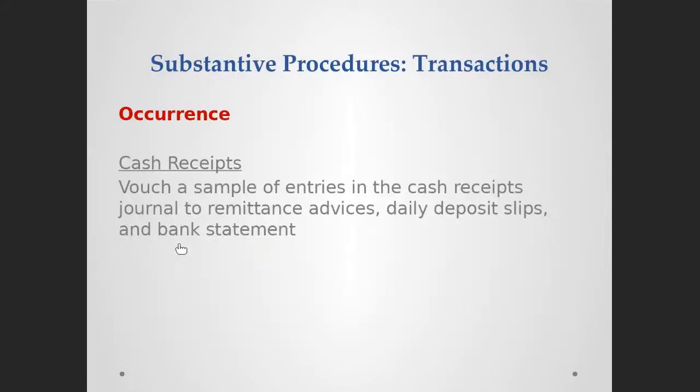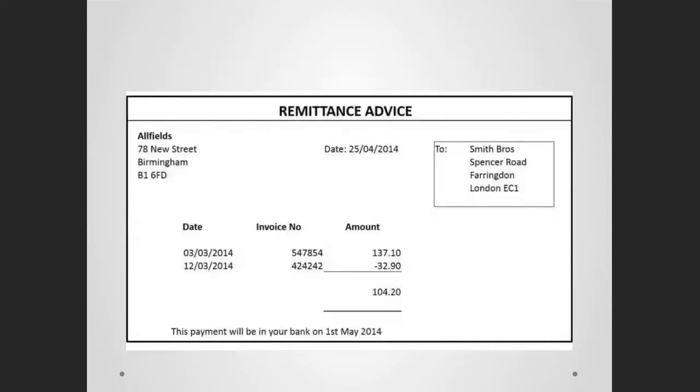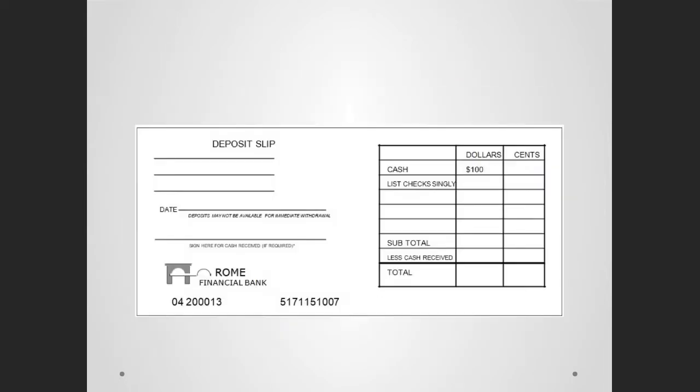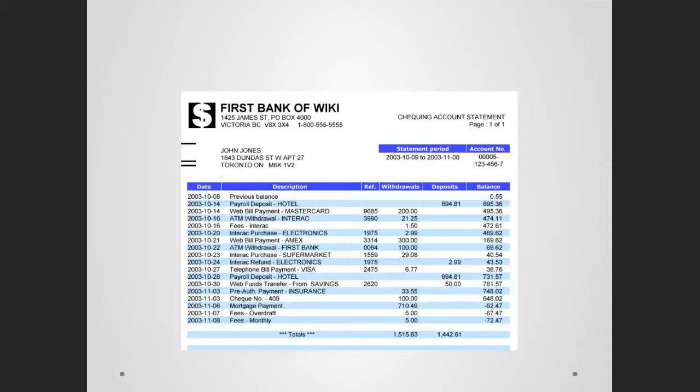Another place you will see this is the bank statement. So if you come to the bank statement that your client received from the bank, you will see deposits listed in the bank's statement. And you will compare that with the cash receipts journal, and you will see that yes, this amount was actually recorded by the bank as well.